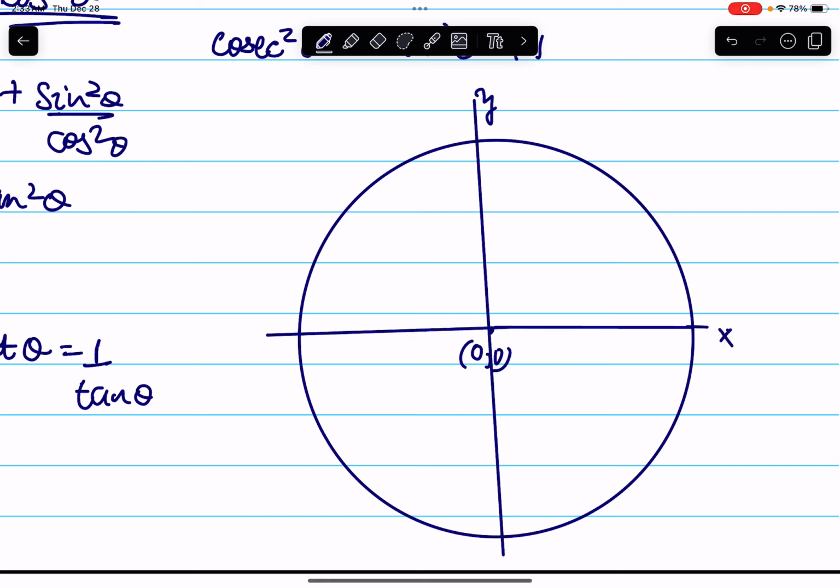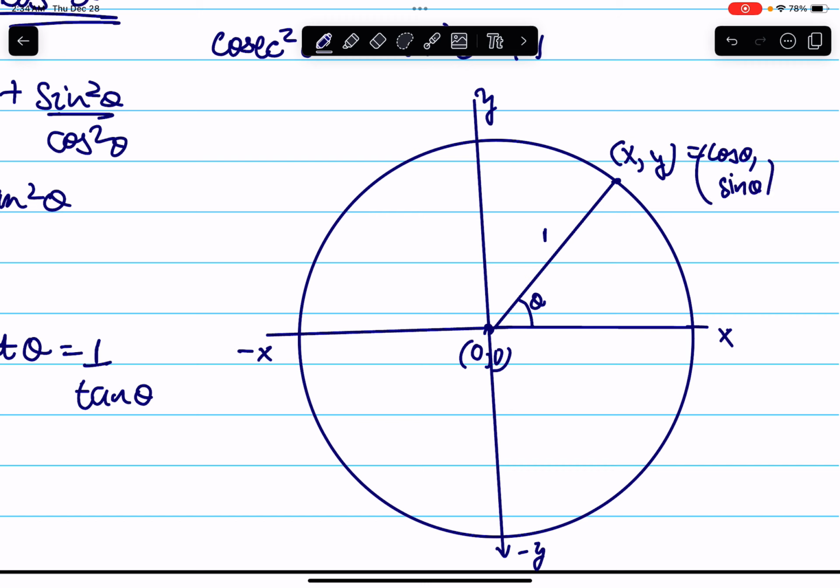If you draw your set of axes over here, with 0, 0 as the origin, this is a circle of radius 1, this is theta, and this is x comma y, which corresponds to cosine of theta and sine of theta.